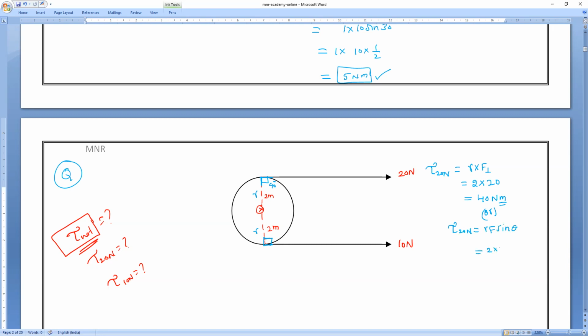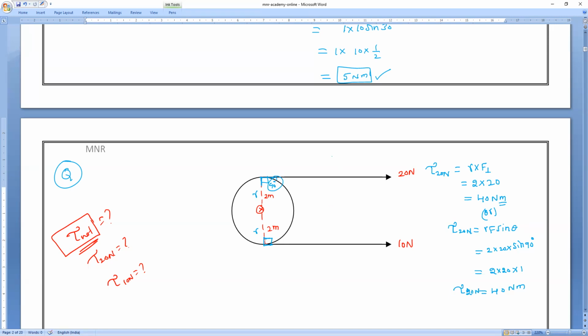R value is 2, F value is 20, and sin theta value, sin 90 is 1. So you will still get 40 Newton meter. That is the torque created by this one.